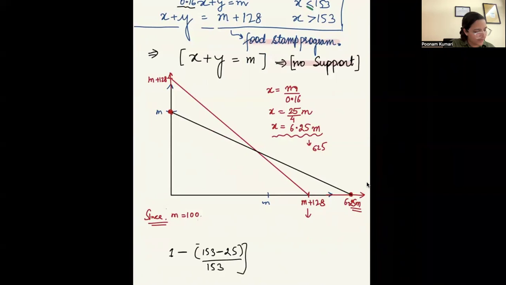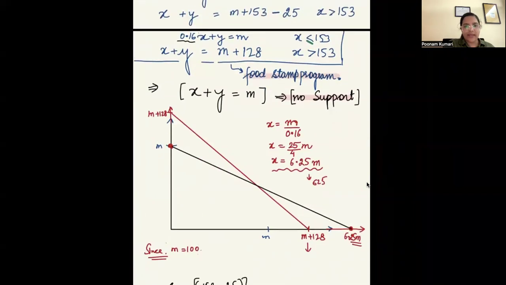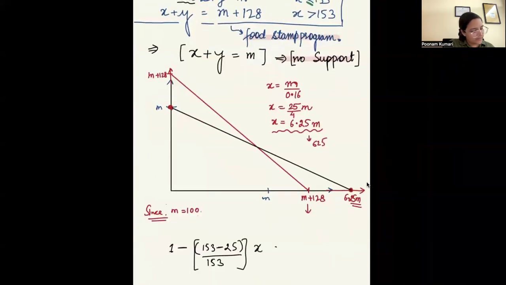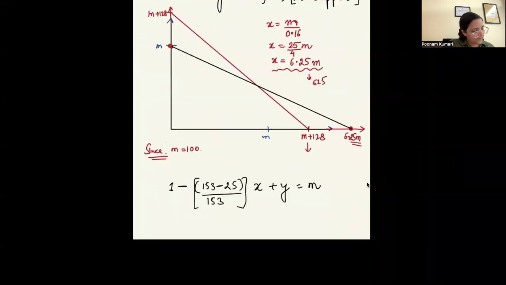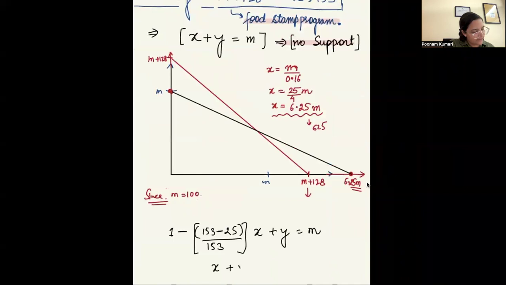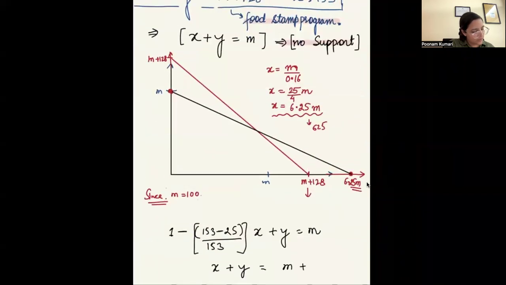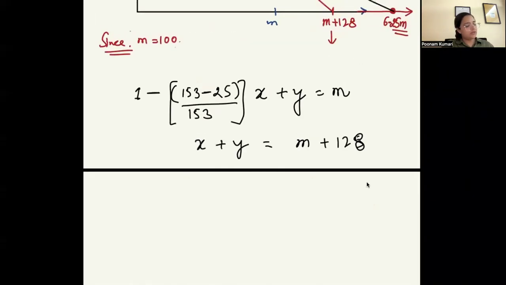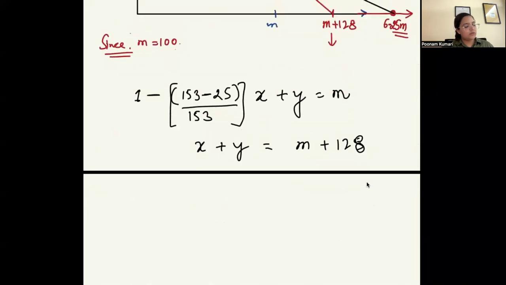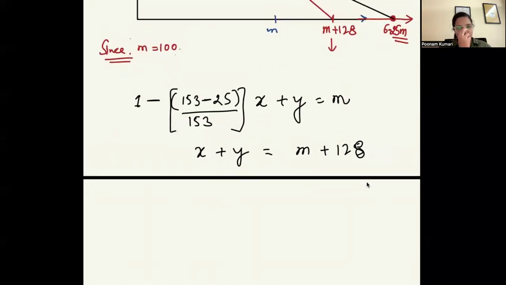This was the number, right? And this times x plus y is equal to m. And the other equation that we have is x plus y is equal to m plus 128, right? So far, so good. You will see why I've written it like this, because these things will get cancelled neatly.